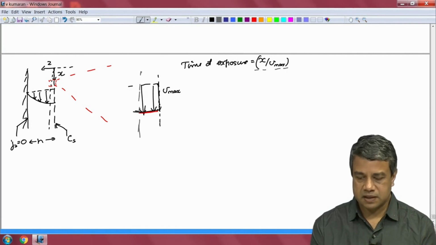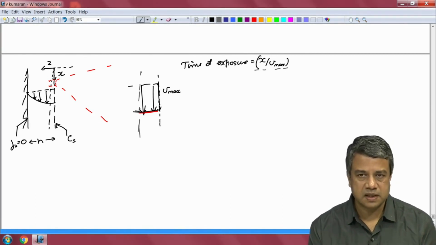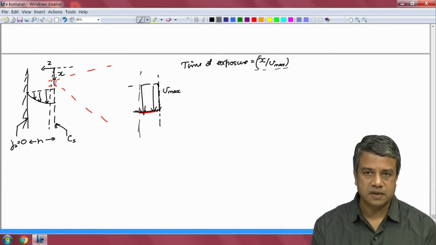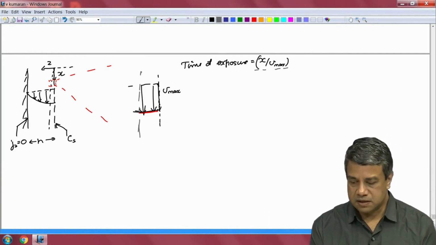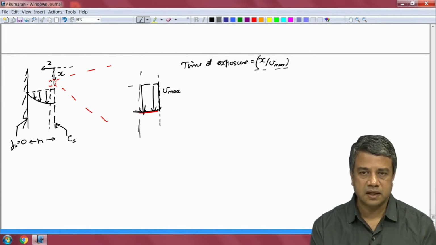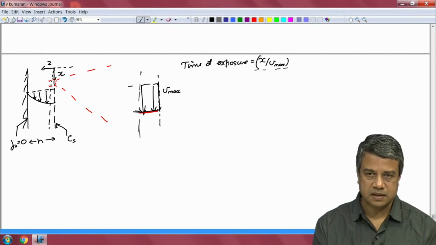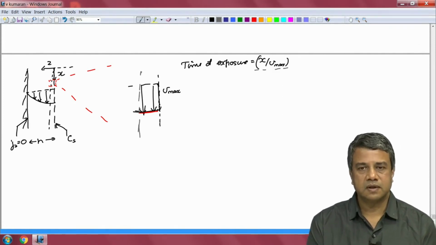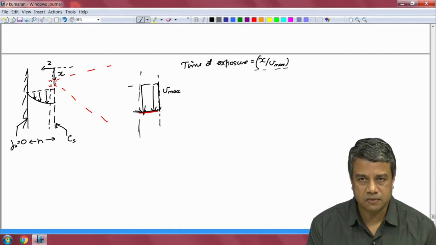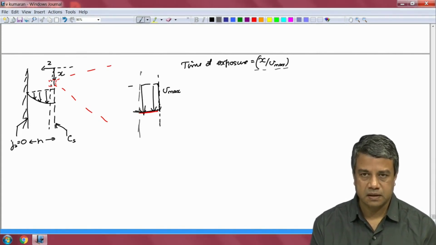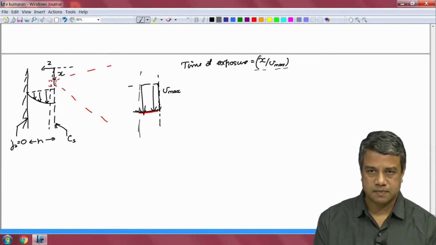So, at a given location x downstream from the start of the contacting section, this parcel of fluid has been in contact with the gas for a time t, which is x by V max. Therefore, this is equivalent to the concentration profile you would have had for diffusion into an infinite film whose exposure time is given by x by V max.